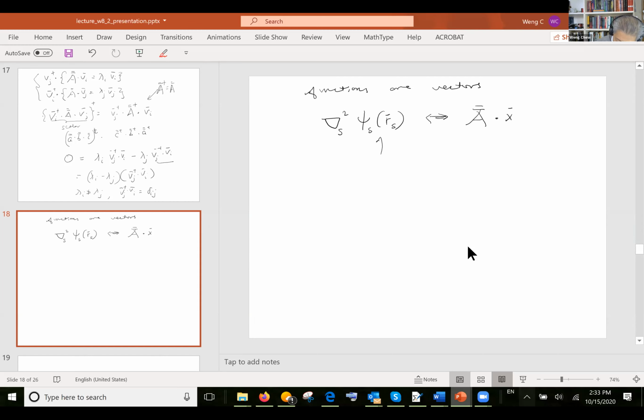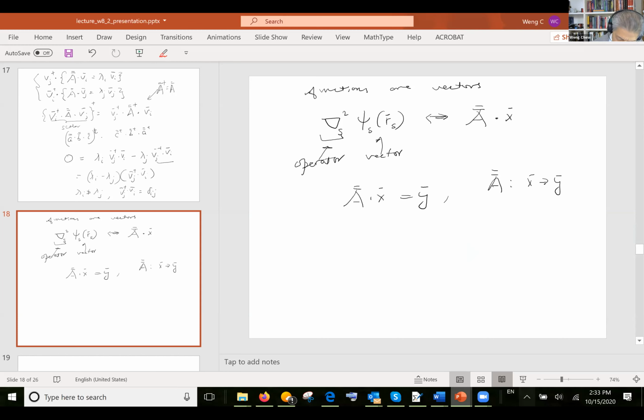What I'm thinking here is that this is a vector, and this is an operator. This operator is very similar to the matrix operator in the sense that the matrix operator takes a vector and gives you a new vector. So A maps from X to Y. It's an operator in the linear algebra sense.